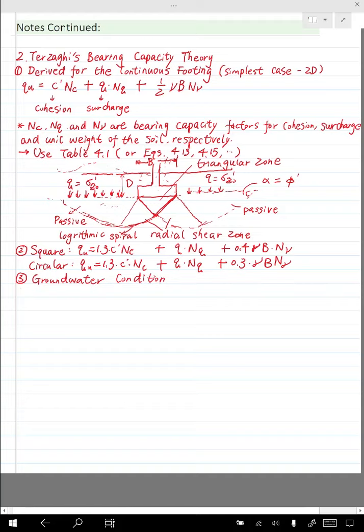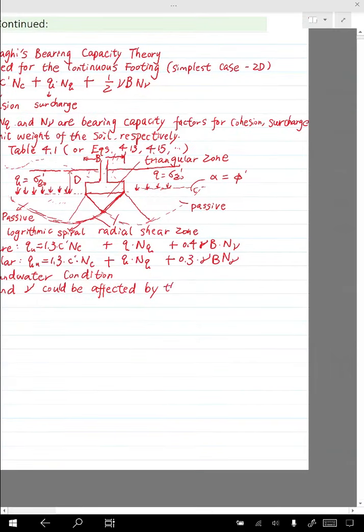And two things will be impacted by the position of the groundwater table. So Q and gamma could be affected by the depth of water table.